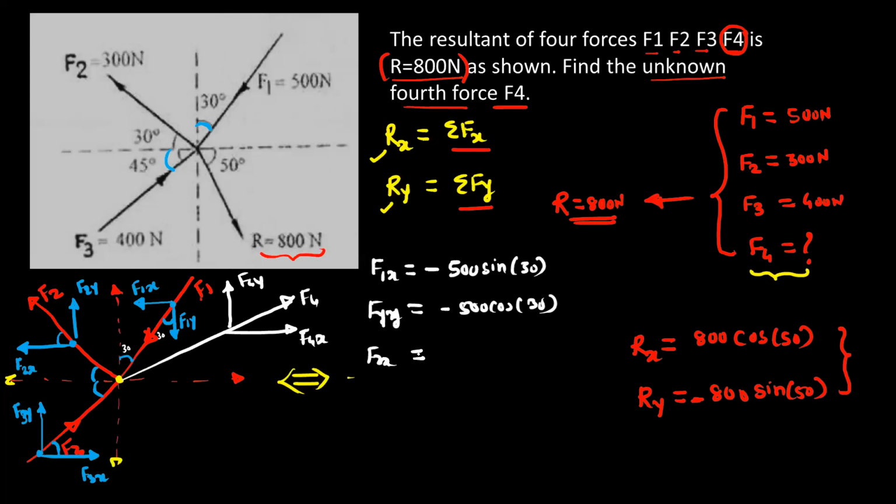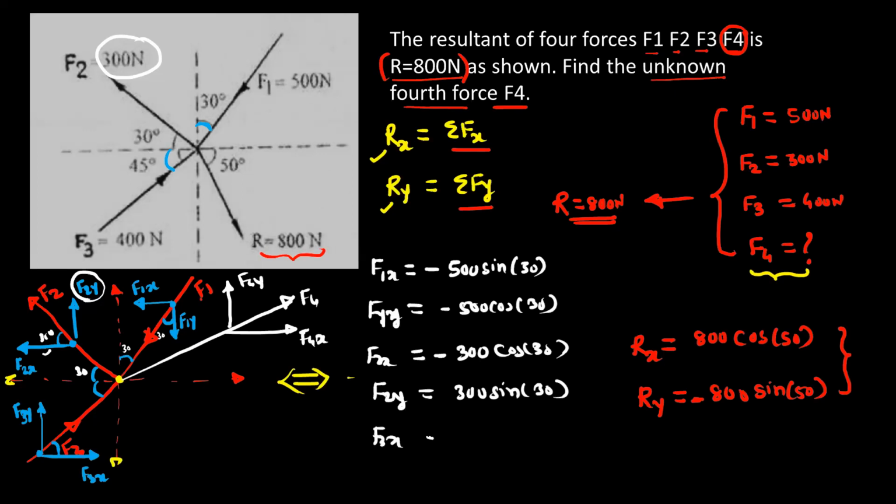Then F2x, this is equal to, again minus, and value is 300. This is 300 Newton. Okay. Then x component, this component is adjacent to angle 30. This is 30, this is 30 degree. So this is cos 30, and F2y, this is equal to plus 300 sine 30. Okay, that means this component. Then F3x, so this component F3x, F3x is adjacent to angle 45 degree.